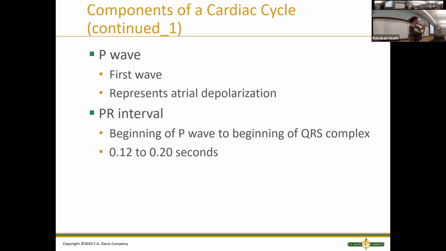The normal PR interval is 0.12 to 0.20 seconds, so it might be 3 of these little boxes or one of these bigger boxes. That's about how wide it should be.